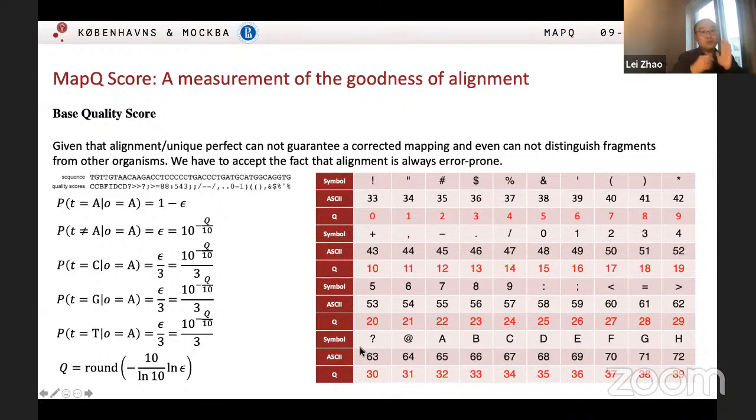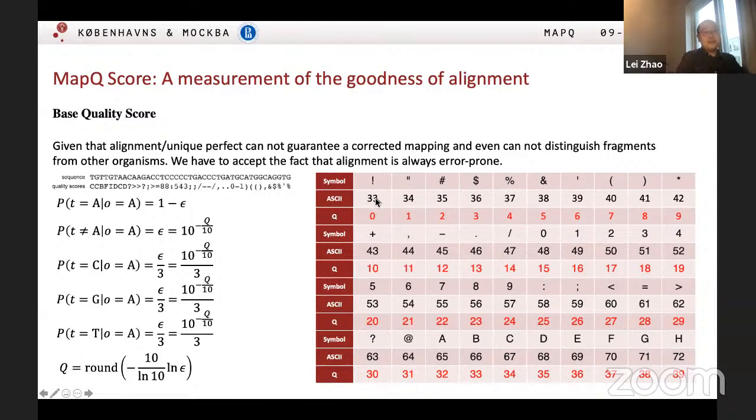Before we move to the MAPQ score, I'd like to first define the base quality score. Here is something you may find in a FASTQ file. The first line is the short read data, and the second is the base quality score. This is ASCII code, corresponding to this ASCII number like this.